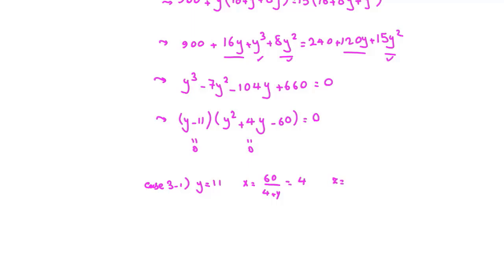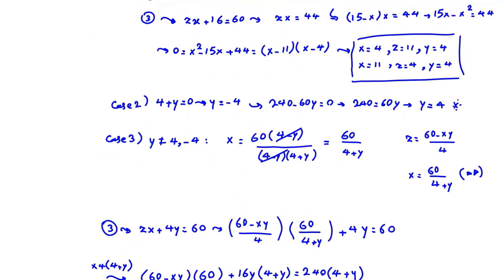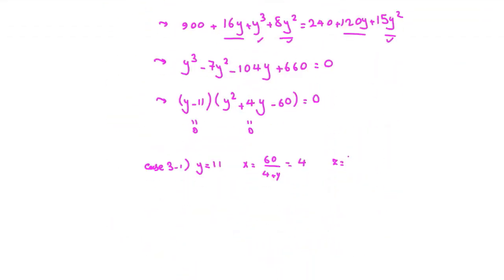And what is z? 60 minus xy over 4. So it will be 60 minus 44 over 4. It will be 16 over 4. So one answer is this.